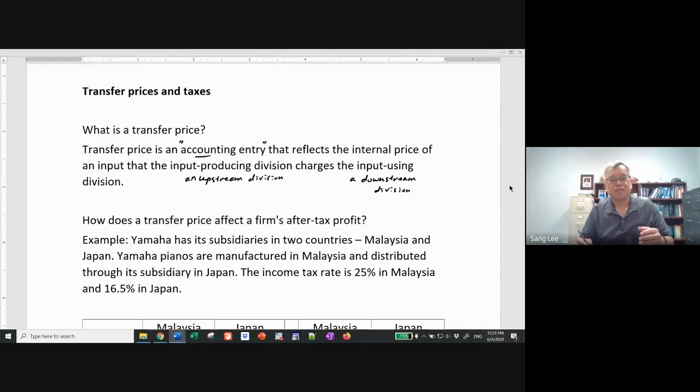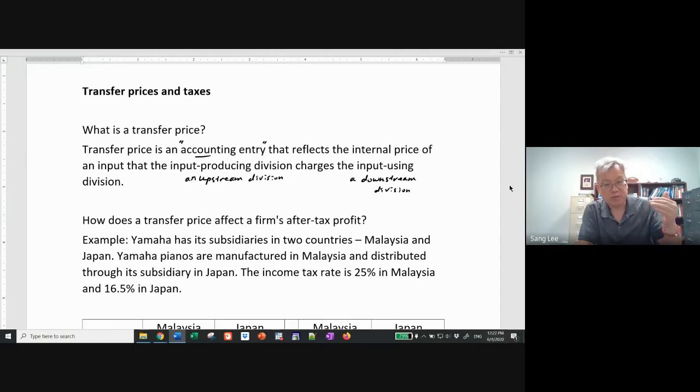So there doesn't have to be an actual payment made by a downstream division to an upstream division, because they are all within the same company, but for some tax purpose they have to record it. For example, the cost of an input that an upstream division provides to a downstream division.